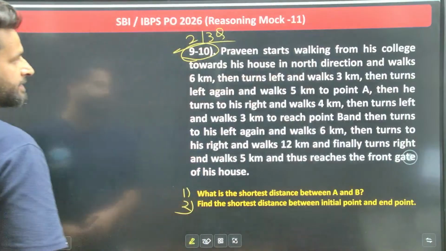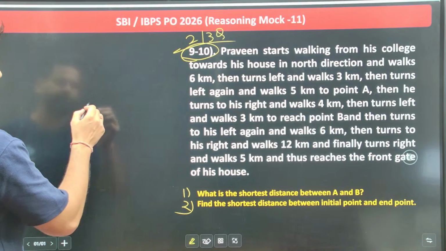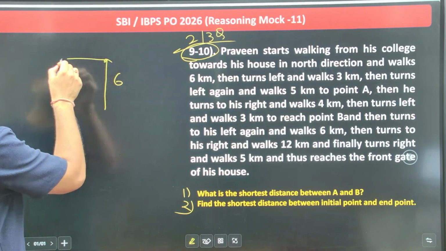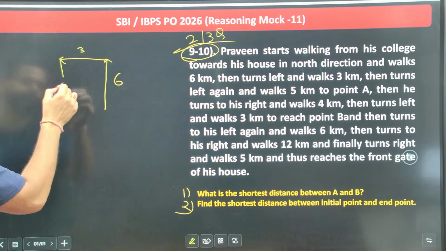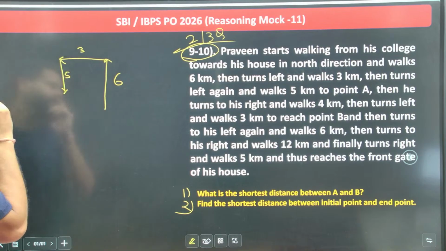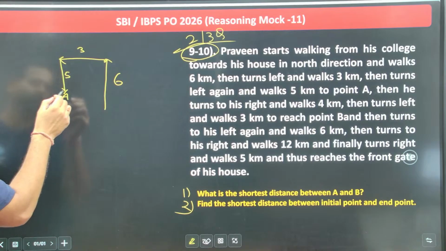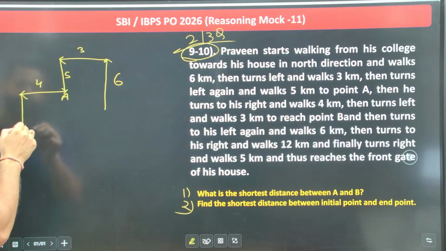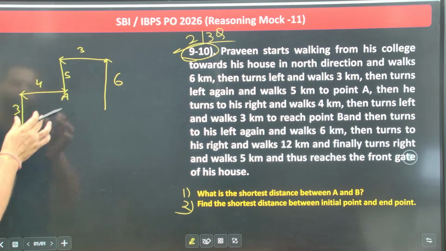Chalo, let us see. Praveen starts walking from his college towards his house in the north direction. Walks for 6 kilometers, then turns left. Walks for 3 kilometers, then again turns left 5 to reach point A. This is A. Then turns to his right 4 kilometers, then turns left 3 to reach point B. And then turns left 6 kilometers.